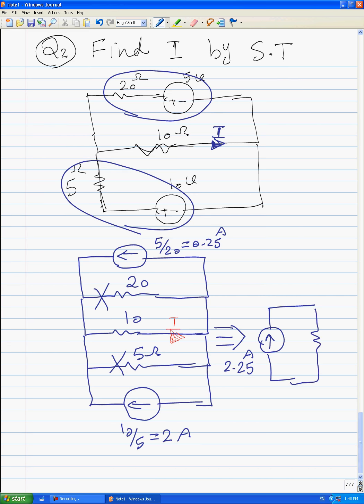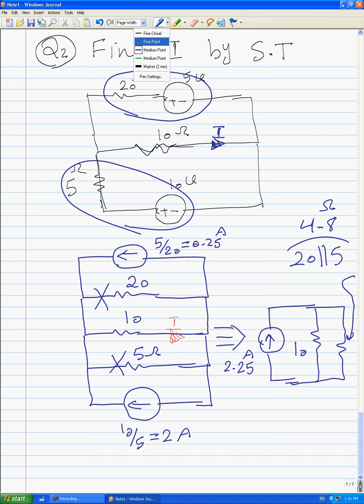And we have 10 here. And this circuit is 20 parallel to 5. The value for this resistor should be 4.8 ohms.